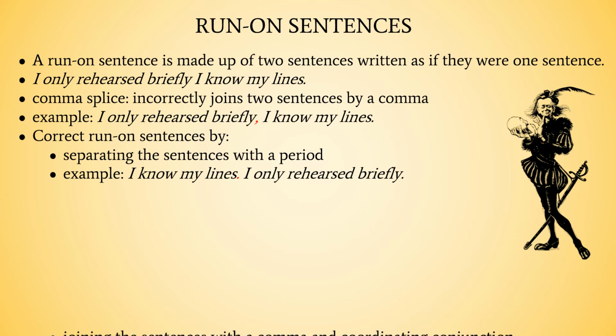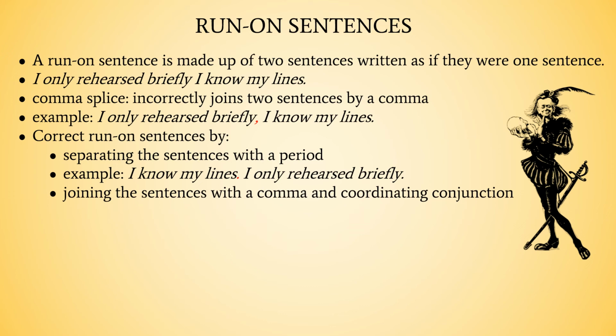You may also correct the run-on sentence by joining the two sentences with a comma plus a coordinating conjunction. Examples of coordinating conjunctions are for, and, nor, but, or, yet, and so.